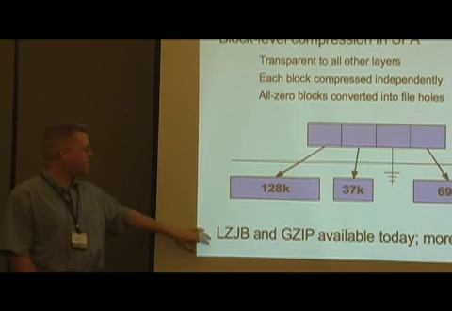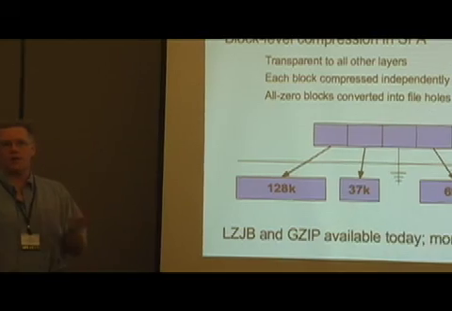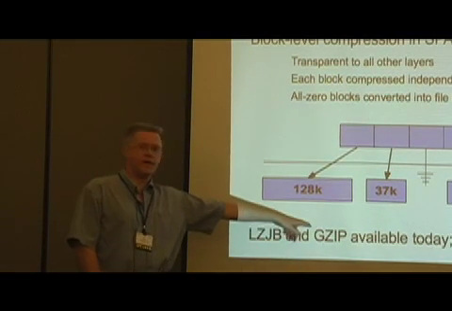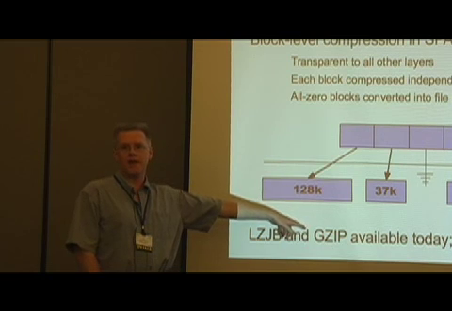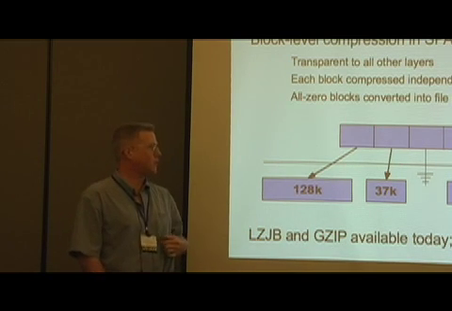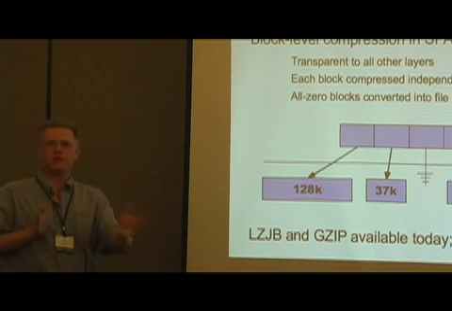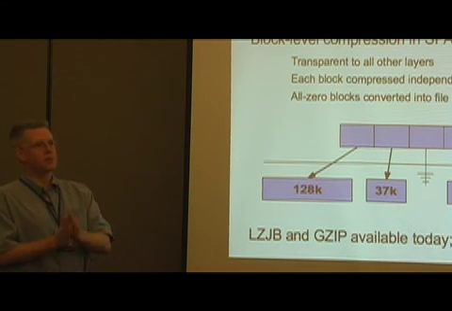And we've got the ability to plug in arbitrary compression algorithms. So we have built in one that I wrote called LZJB, and then the standard gzip are in there now, and we've got more in the works that are more targeted at particular kinds of data, where if you know the structure of the data, you can compress it particularly efficiently.